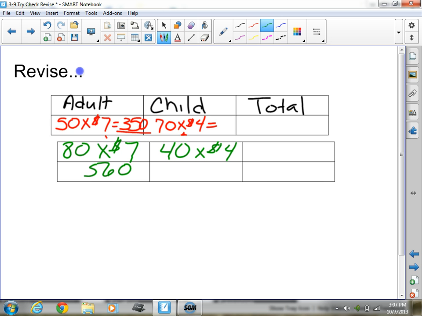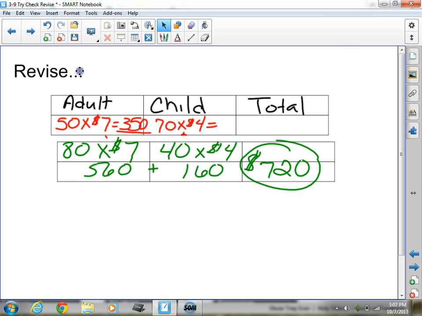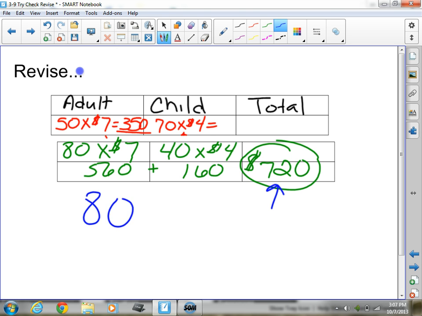That means that comes to $160. Add the two together. 560 plus 160 equals $720. So we have gone back, we have tried, checked, and revised our answer until we got to the correct amount. Now going back to the original problem, it's asking us how many adult tickets need to be sold when the total sale is 720. So we know that there were 80 adult tickets.